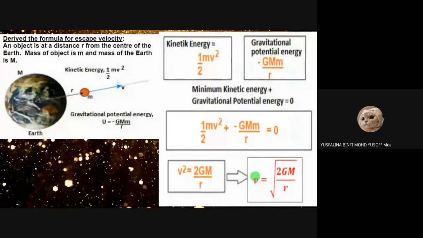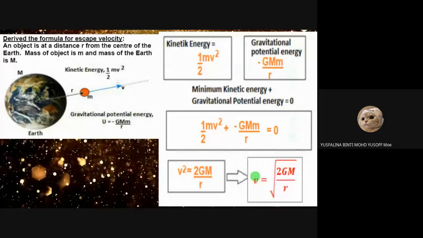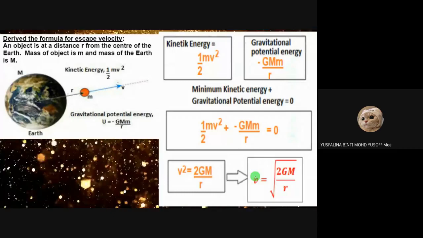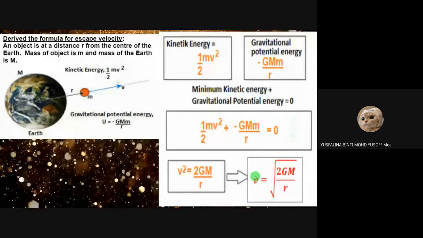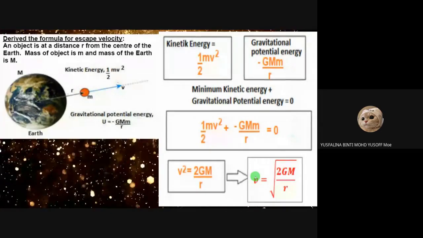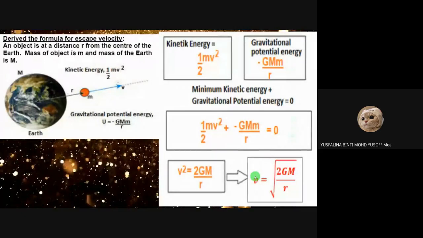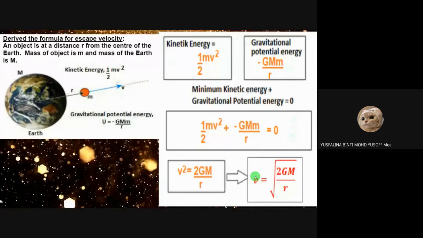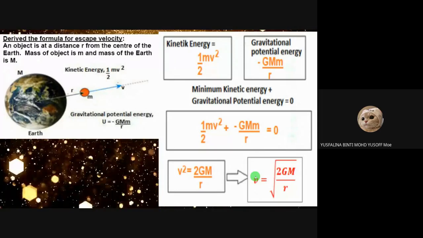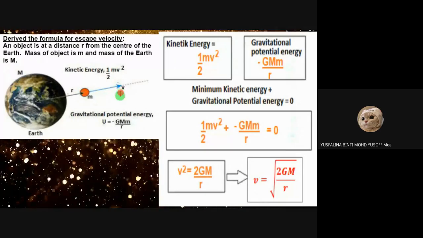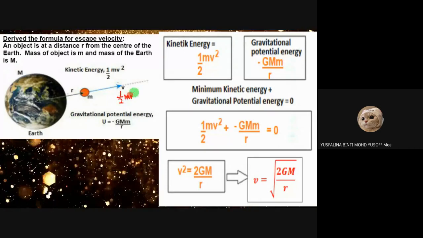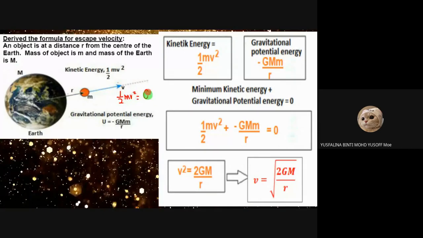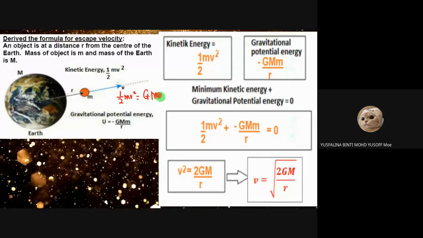Okay. So the next one again, you have to derive the formula for the escape velocity. Just now I already told you, right? Energy can only change form. So it's actually like this. Half mv squared, the kinetic energy, is equal to the gravitational potential energy.